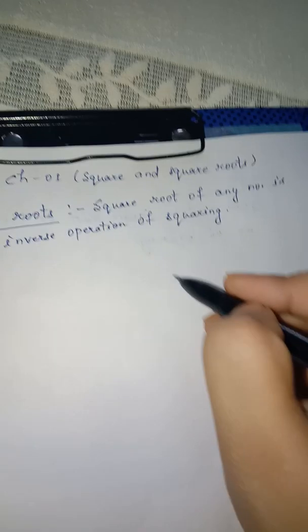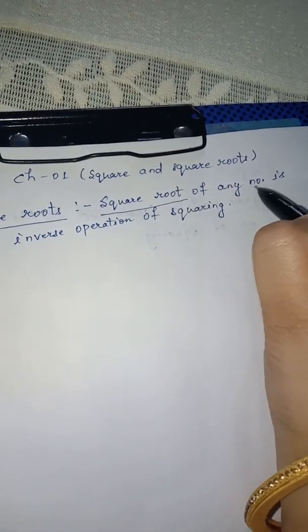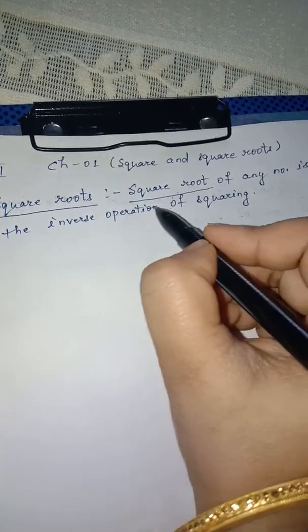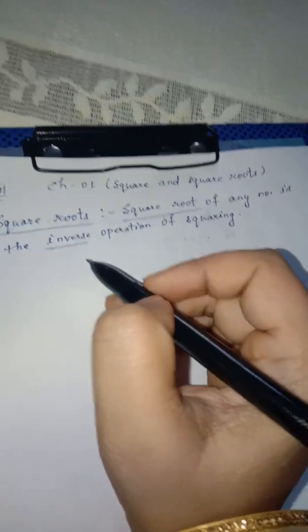I am repeating this definition: a square root of any number is the inverse operation of squaring. Inverse means just the opposite operation.